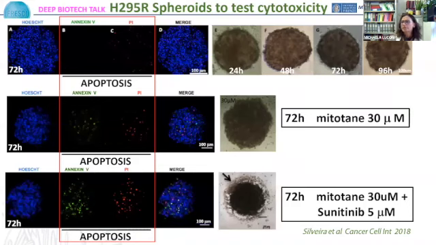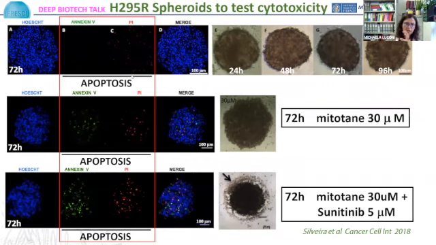Here you can see the generation of ACC spheroids from the H295R cell line, so the primary ACC tumor, to assess in vitro the effect on apoptosis of a combination of mitotane, which is actually the current chemotherapy drug used in ACC, and also the tyrosine kinase inhibitor sunitinib.